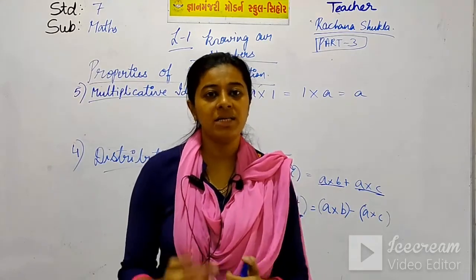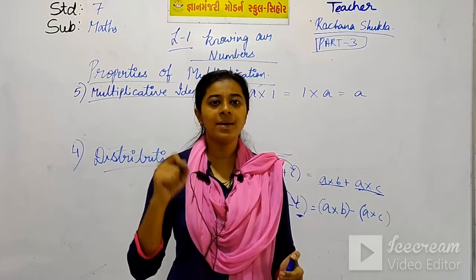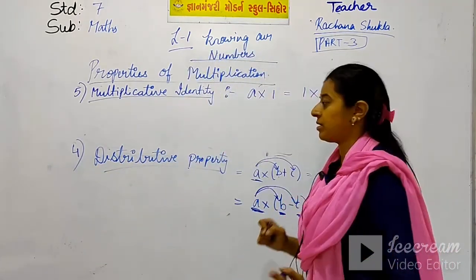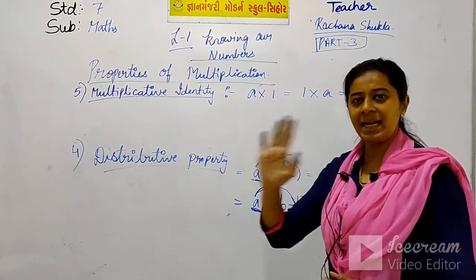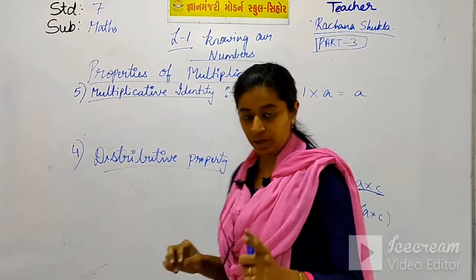Multiplicative identity means if you multiply any number with 1, you will get the same number as your answer. I repeat once again, if you multiply any number with 1, you will get the same number as your answer.